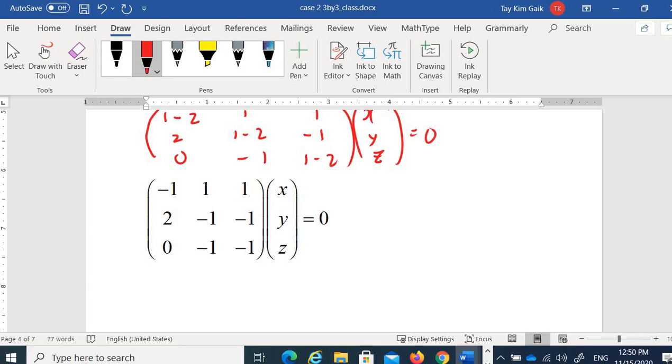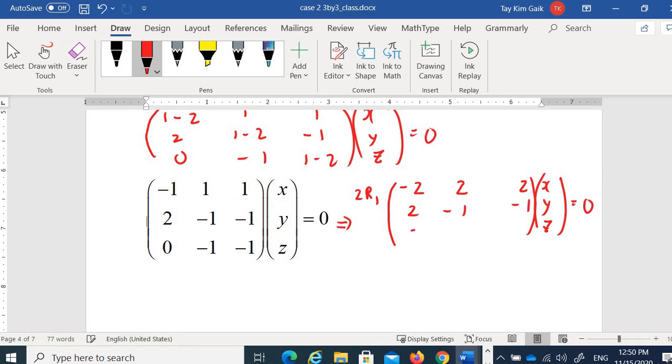And you take the operation, 2 times of row 1. So row 1 you multiply by 2, this is negative 2, this is 2, this is 2, and x, y, z equal to 0, 2, negative 1, negative 1, 0, negative 1, negative 1.